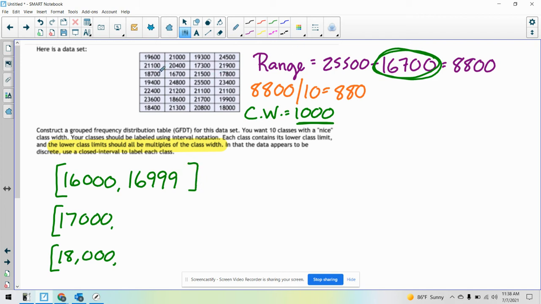But since all the data here is in multiples of 100, I don't really like this, but the computer wants you to write this as, because there is no value of 16,999, this is just going to go from 16,000 to 16,900. This is going to go from 17,000 to 17,900, 18,000 to 18,900.